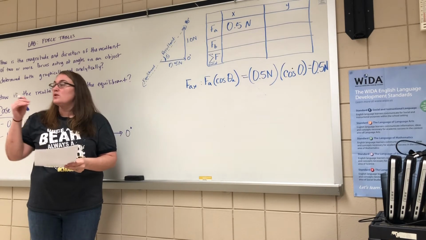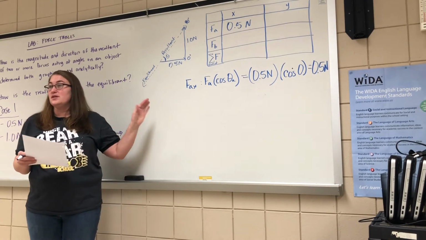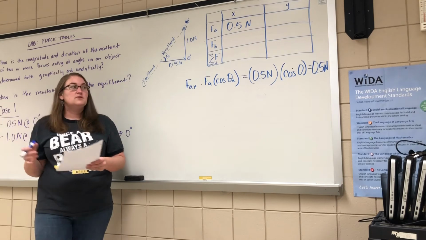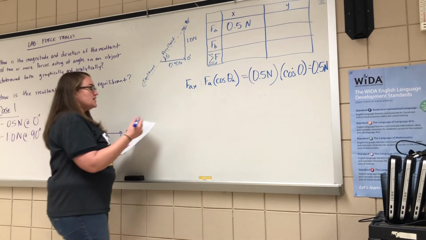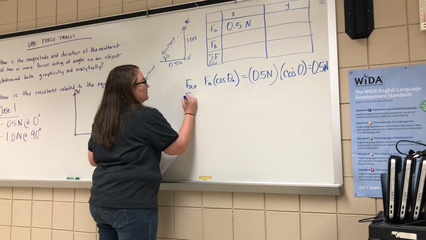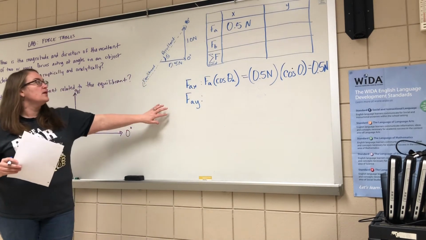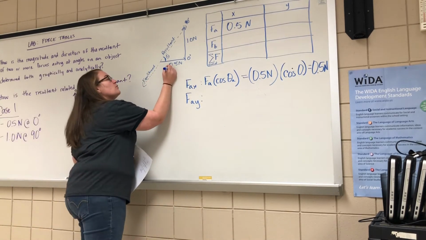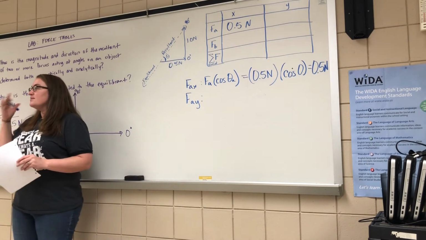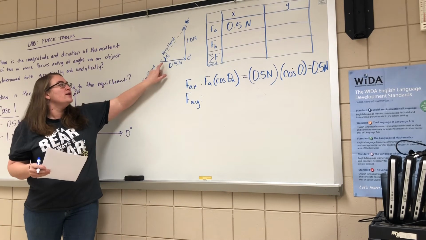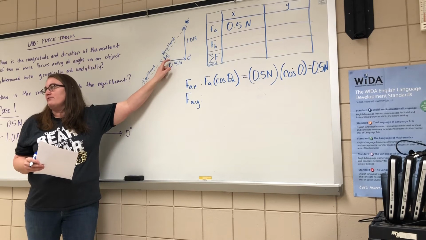Okay, so this is what I'm doing. This is part of setting you up to be able to figure out the next one. All right, so let's go with the Y component of this force. Now, before you even work this out, this is using common sense. What is the Y component of this 0 degree line right here, 0.5 newtons?